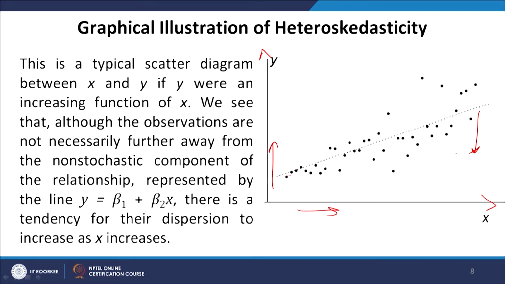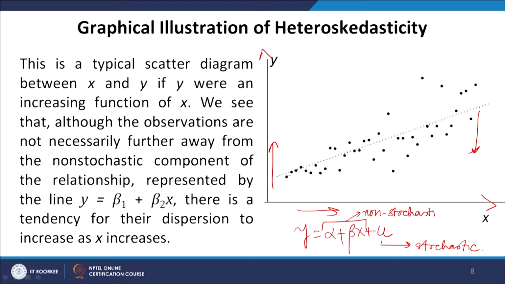If you remember, initially I had mentioned that y equals alpha plus beta x plus u can be decomposed into two components. This component is called the stochastic component, that is the random term, and this is the non-stochastic component.